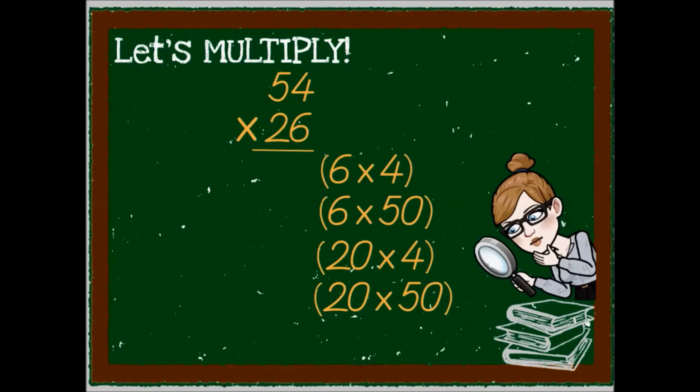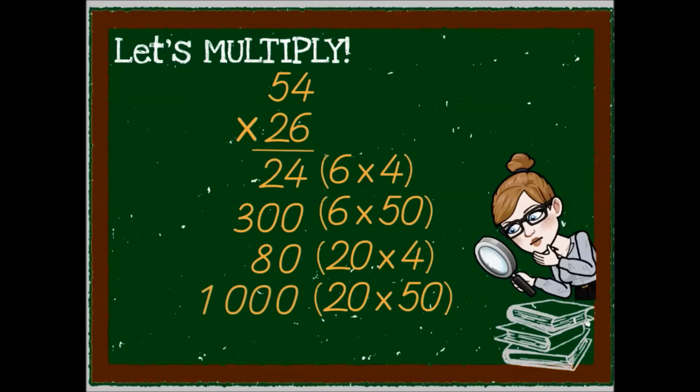And now let's multiply. 6 times 4 is 24. And 6 times 50 is 300. Now keep it tight, ladies: units under units, and tens under tens. 20 times 4 is 80, and 20 times 50 is 1000.